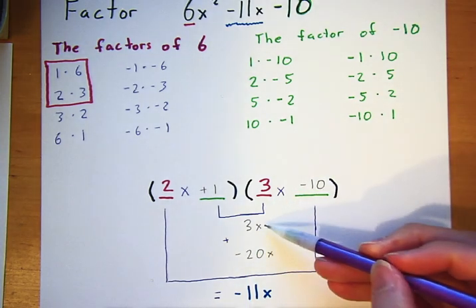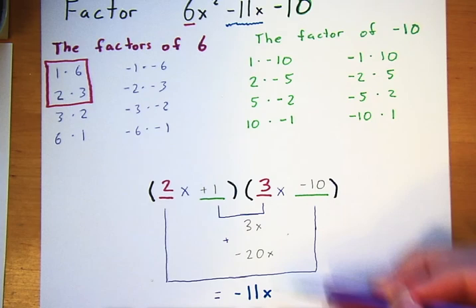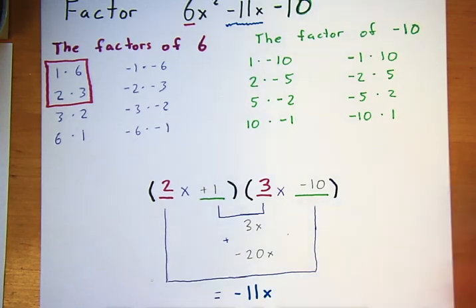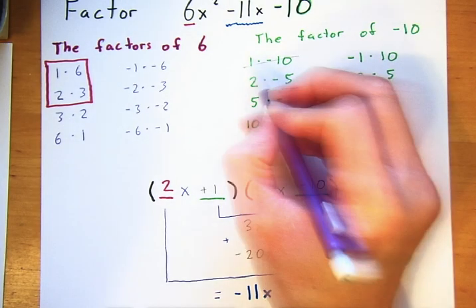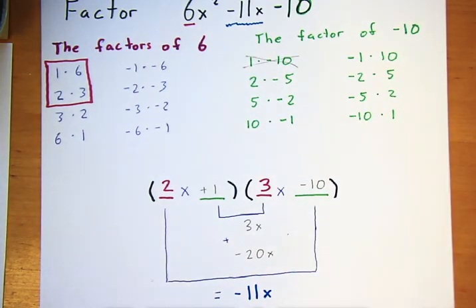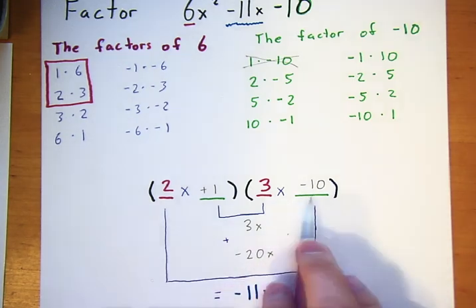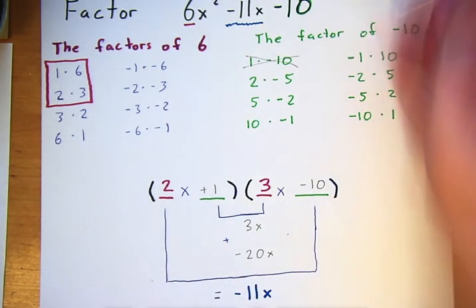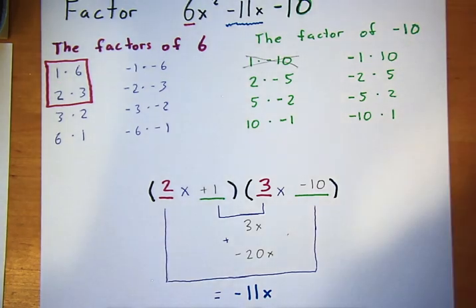So does 3x plus negative 20x get you negative 11x? The answer is no. So this right here will not work. This is not the factors of this.